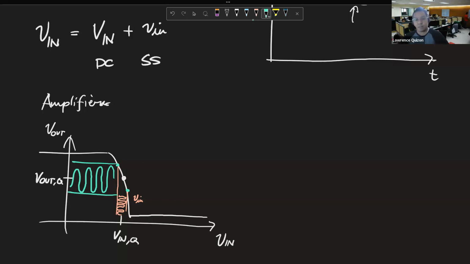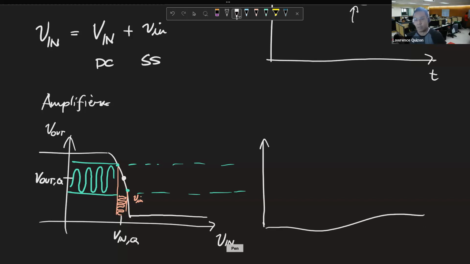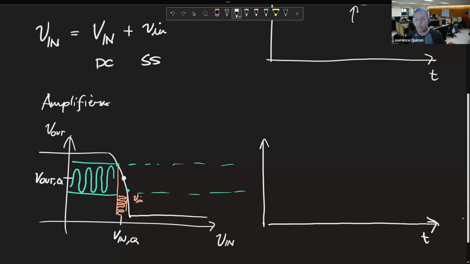And in fact, what happens is that we now have this graph, no? Now, straight lines, the bane of my existence. So against time, V out is now like this, no?